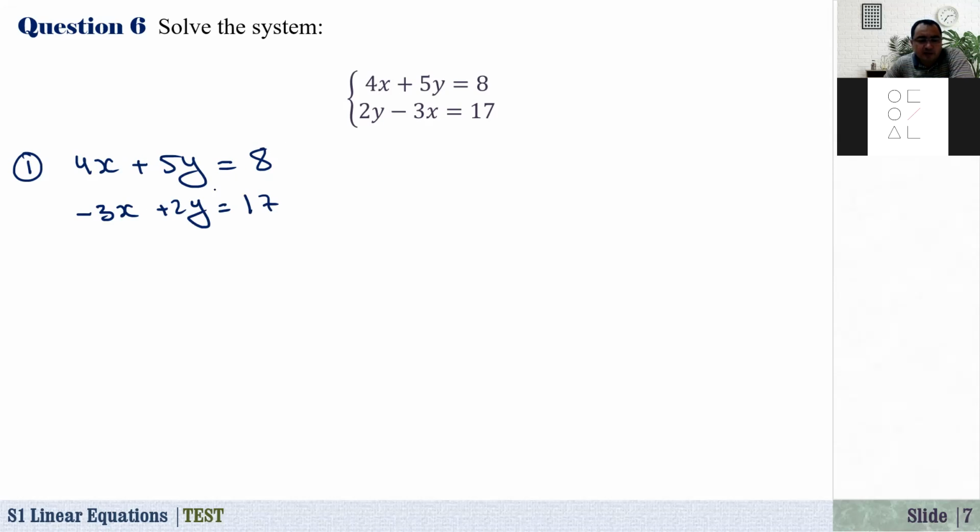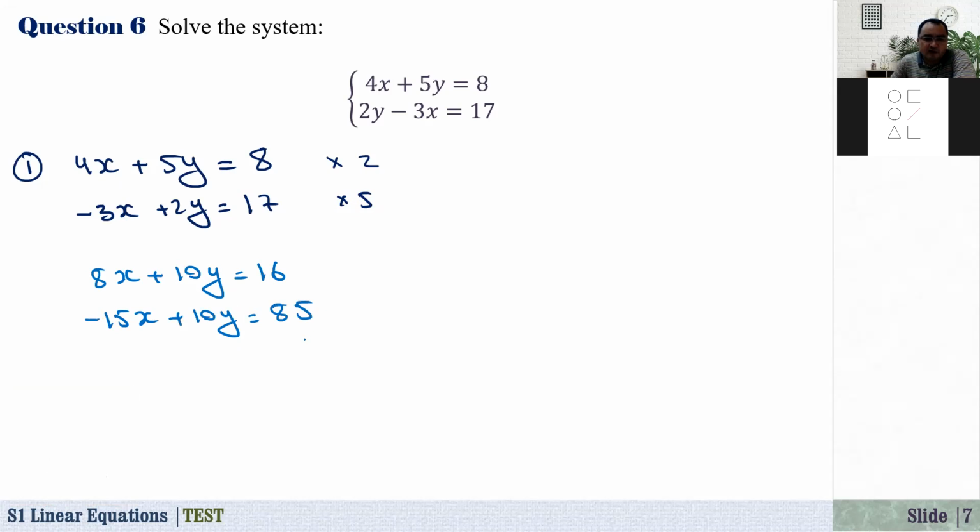Now again, let me eliminate y. To do this, I will multiply both sides of the first equation by 2 and the second one by 5. If you multiply the first equation by 2, we have 8x plus 10y equals 16. The second one by 5 gives negative 15x plus 10y equals 85.